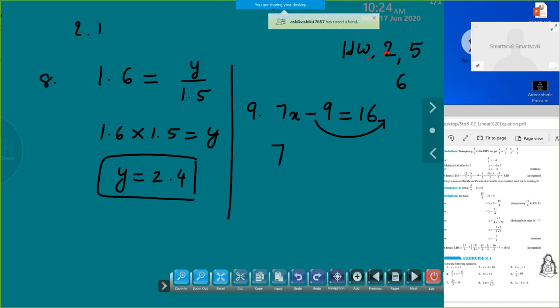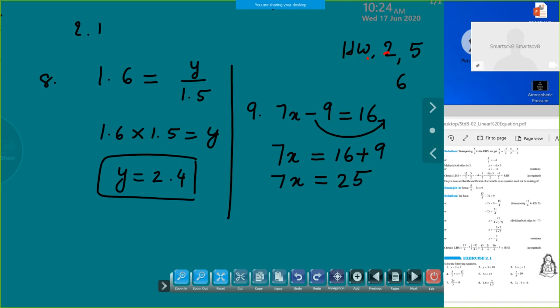So when you take it to the other side, it becomes plus. So 16 plus 9, that's going to be 25. So this is 7x value. Okay. 7 is multiplied here. So when you take it to the other side, it becomes 25 by 7. So your solution is x is equal to 25 by 7.